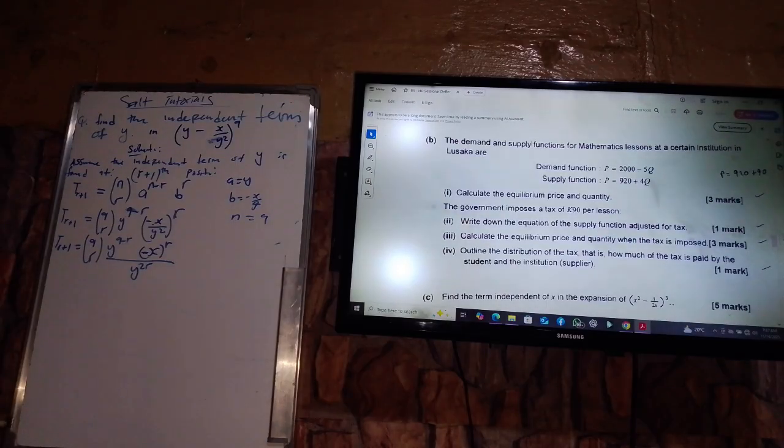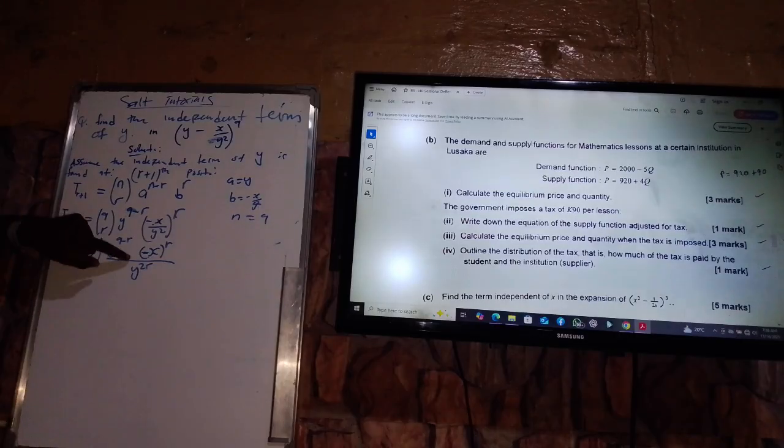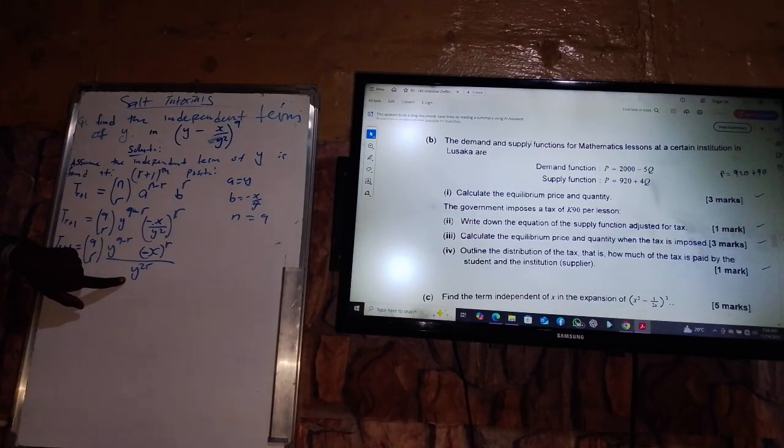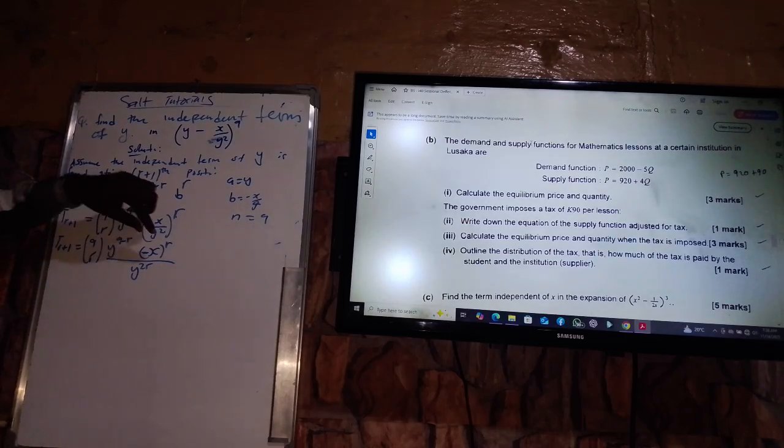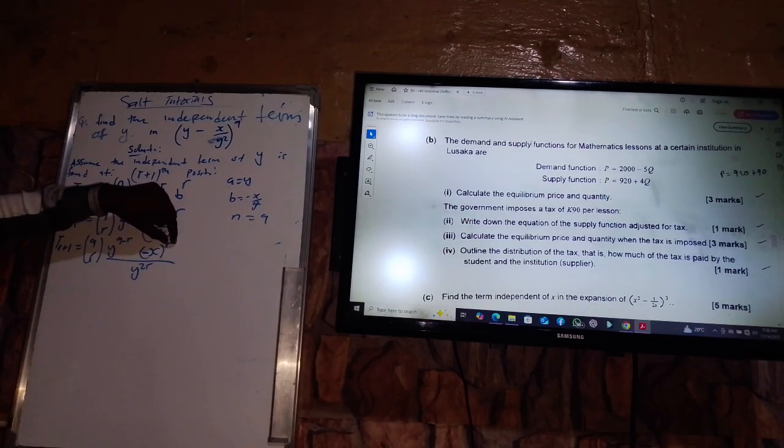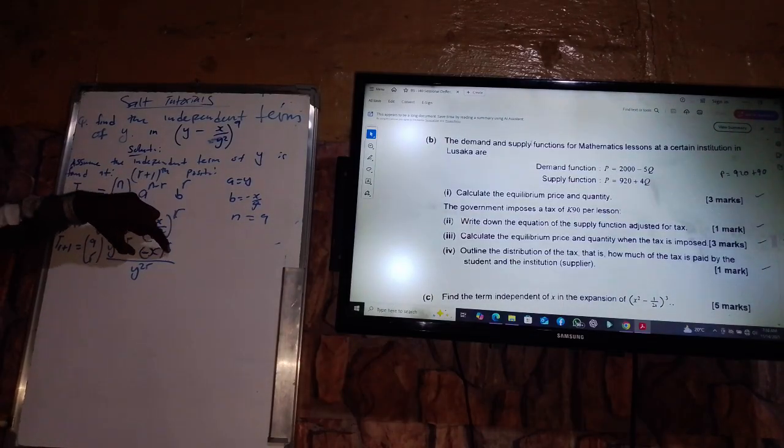The independent term of y is our focus. So the powers of y should be equal to each other for y to cancel out with the y in the denominator. If I was finding the independent term of x, I could have just equated r to 0, because the only way x can disappear is when r is equal to 0, because the power 0 will be a 1.